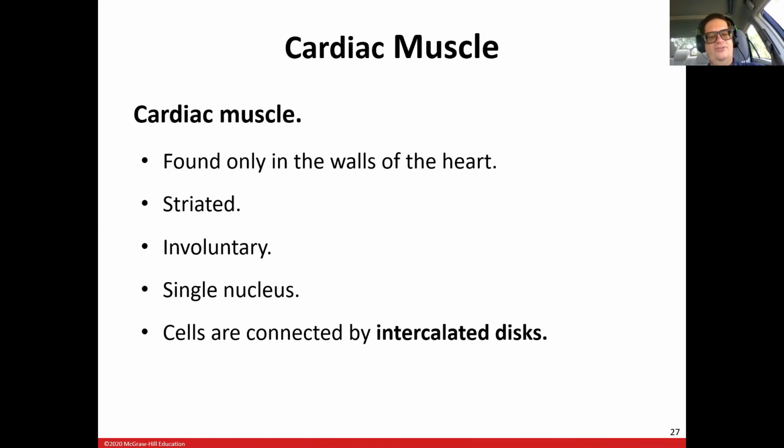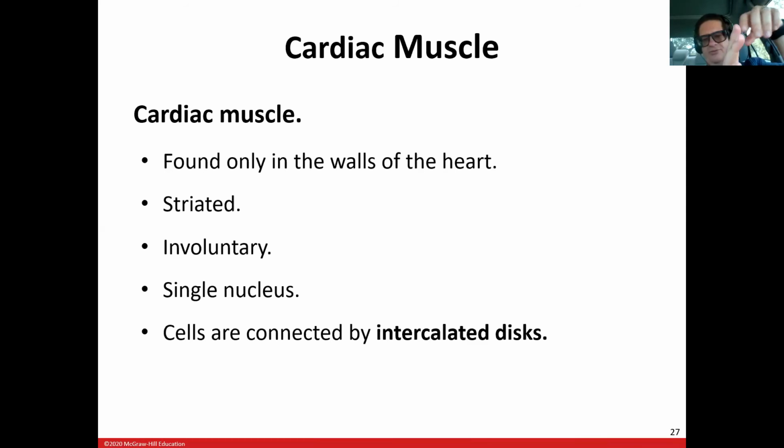Single nucleus, but the big thing here, intercalated discs. It says the cells are connected by intercalated discs. Have you ever looked at a colander or a strainer? Imagine you put that between two containers of water. That doesn't stop things in this container from going into that container.